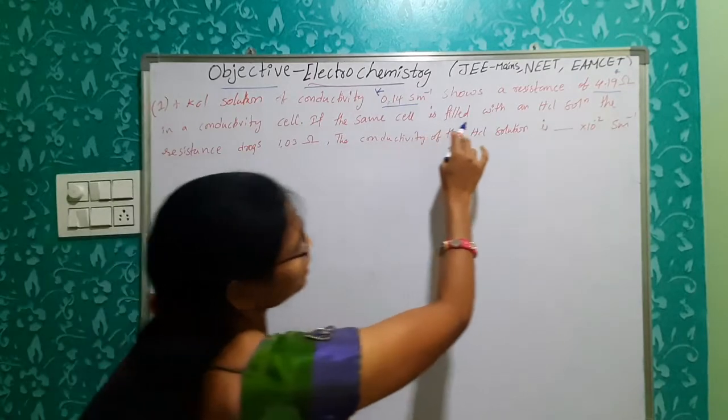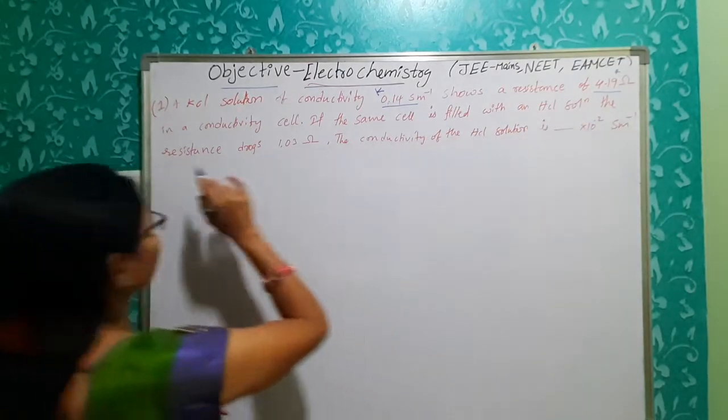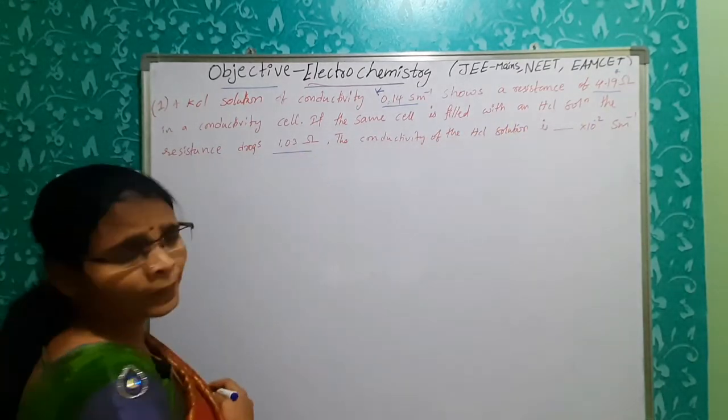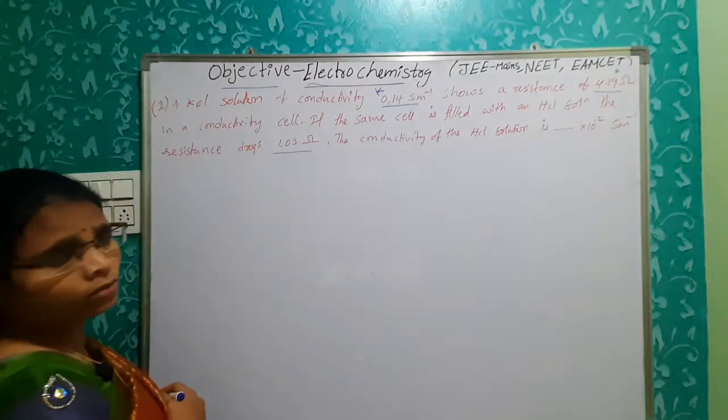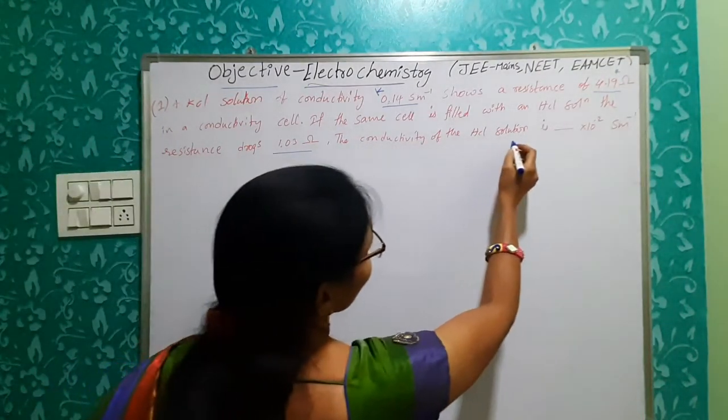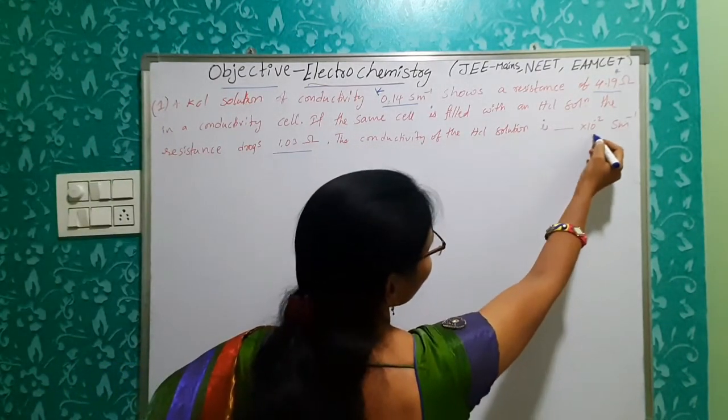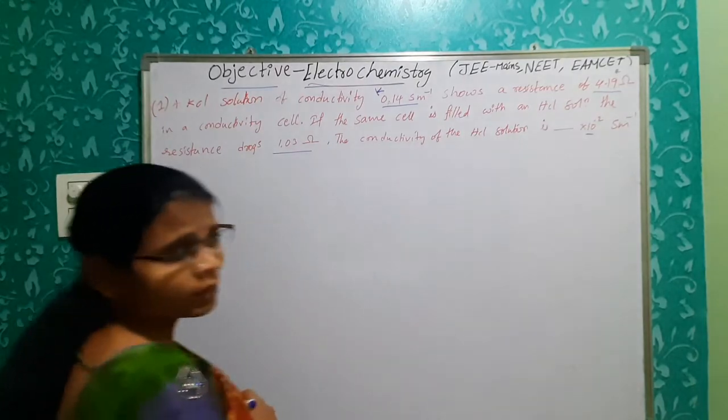If the same cell is filled with HCl, the resistance drops to 1.03 ohms. The conductivity of the solution is dash into 10 power minus 2 Siemens per meter.